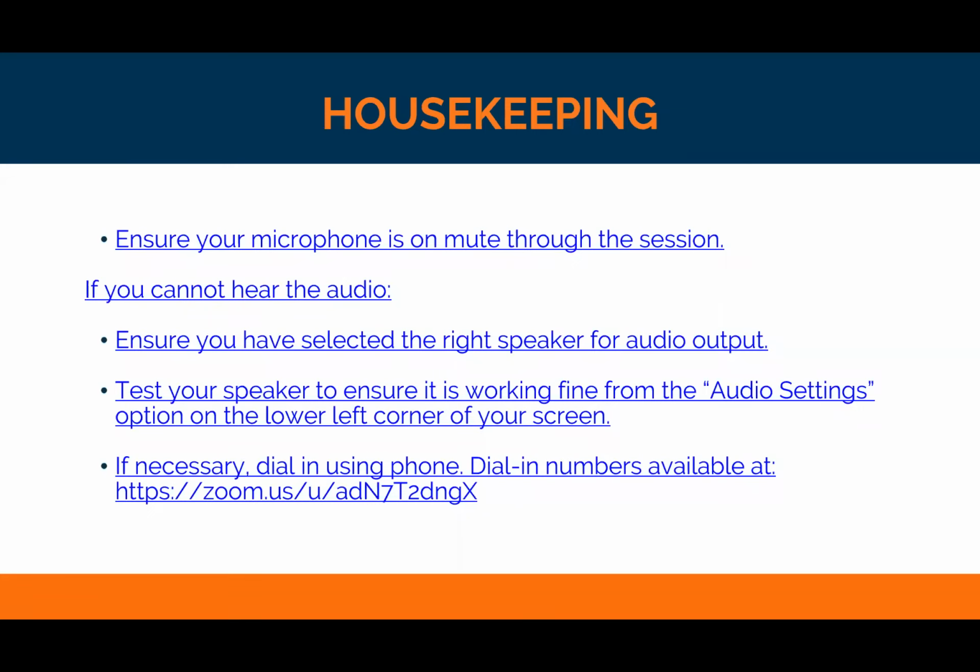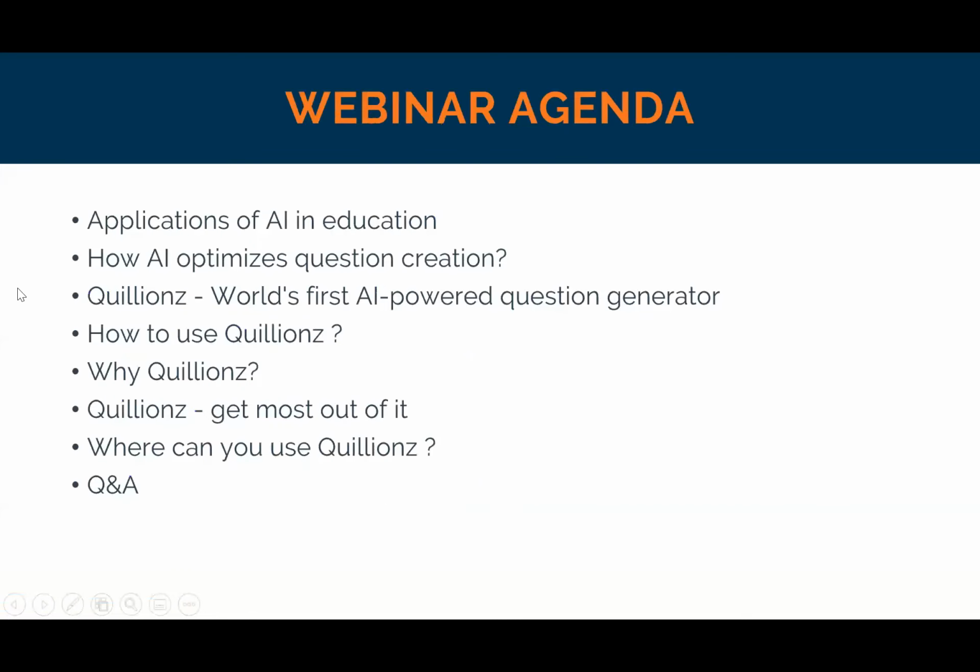Hello all, and welcome to this webinar. Especially, we are talking today about the webinar agenda in front of you. What we'll do is have a look at applications of AI in education. Then I'll throw some light on how AI optimizes question creation.